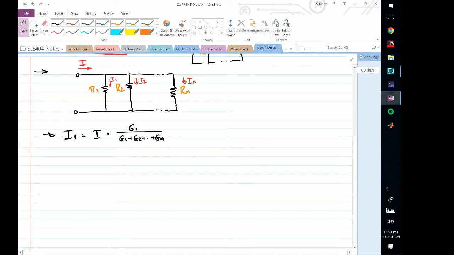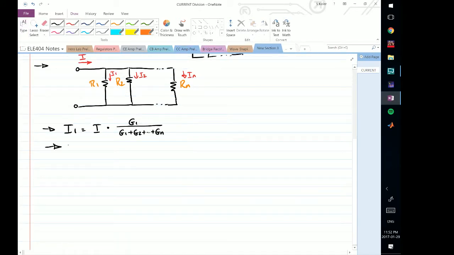So I take the total current, multiply it by whatever conductance is in the first branch, I should say, divided by the total conductance of the entire circuit. Similarly, I can solve for I2 in terms of the conductance of the second branch. And the thing to note here again is that this is the conductance of the branch.